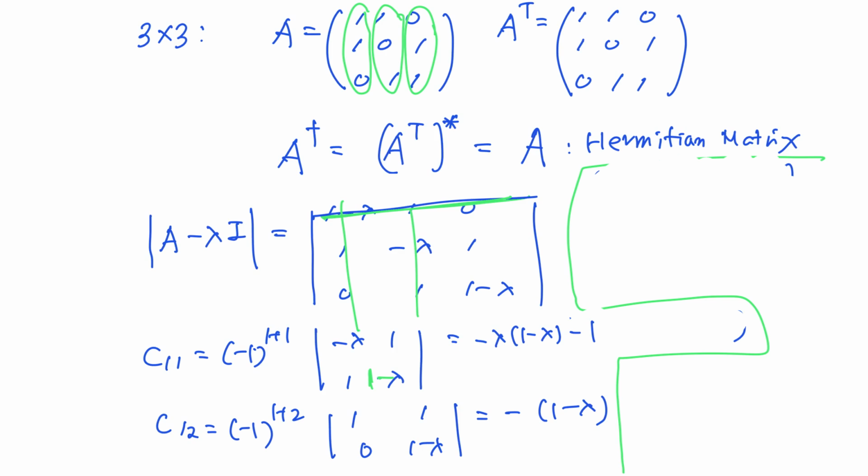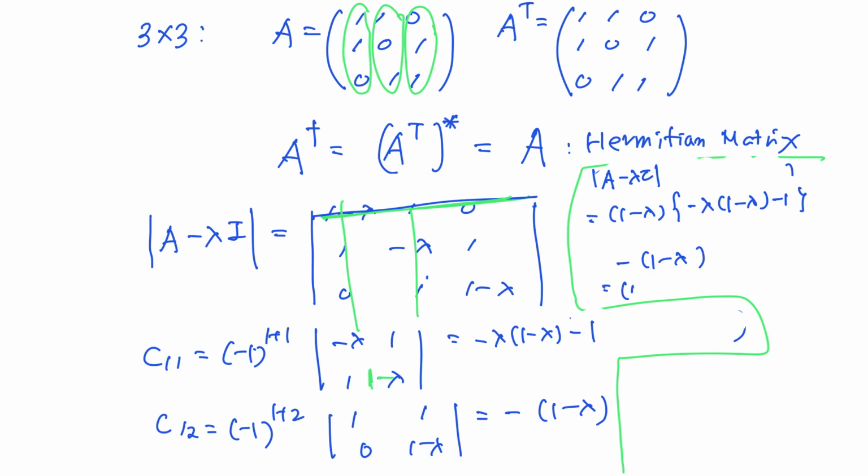So you delete this one and this one. So 1, 1 minus lambda, right? So determinant A minus lambda I is 1 minus lambda, 1 minus lambda, minus 1, minus 1 minus lambda.